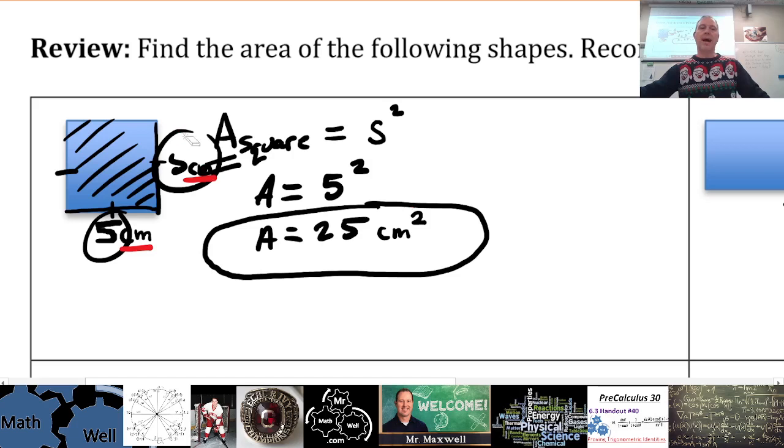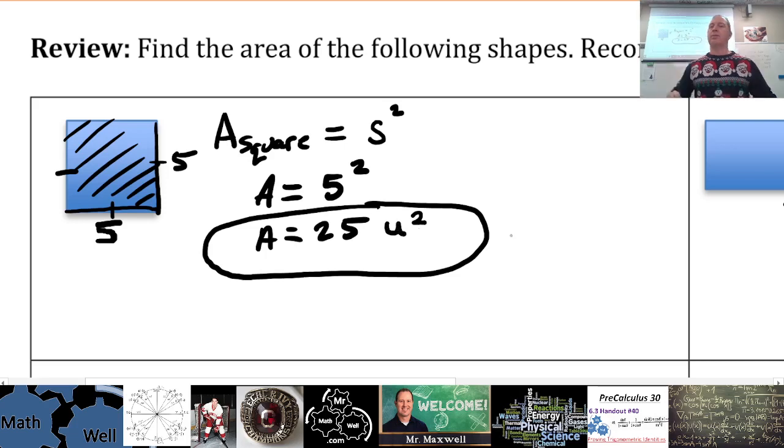Now, going back to the original, if you wrote down centimeters, then that's fine. But going back to our original situation, if we have no units shown, then we don't know what the units are. What you would do is literally write u squared. So whatever the units are, squared, okay?